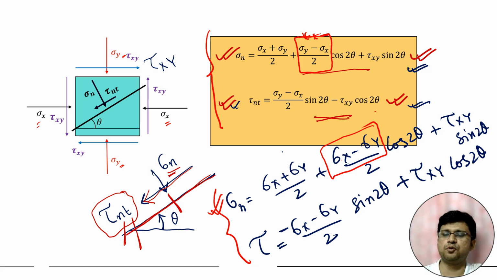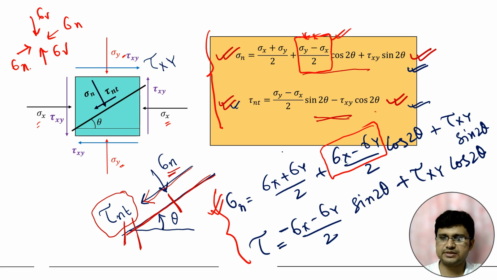And one thing is also very important: for soil mechanics problems, normally the vertical stress is greater than the horizontal stress. Sigma y will normally be greater than sigma x. So as sigma y is greater than sigma x, this equation will change.